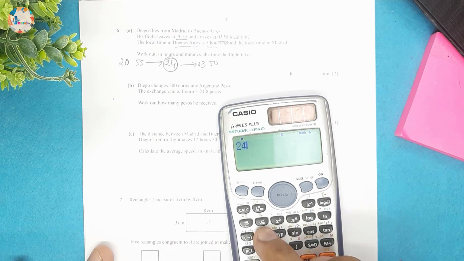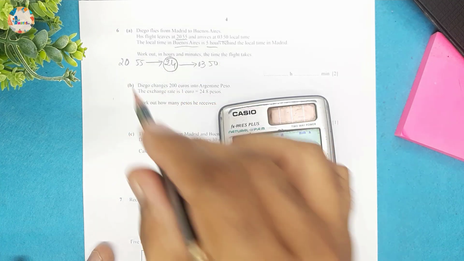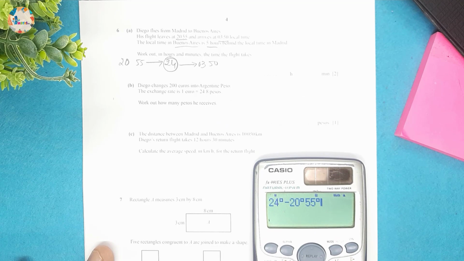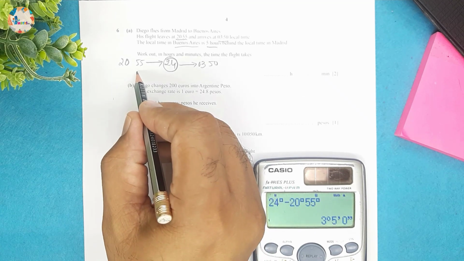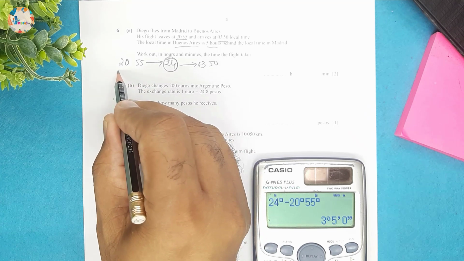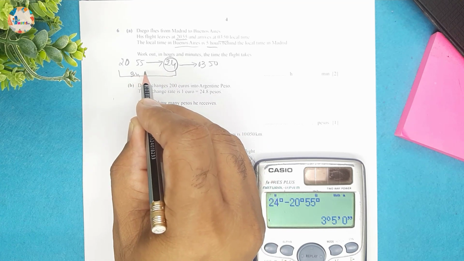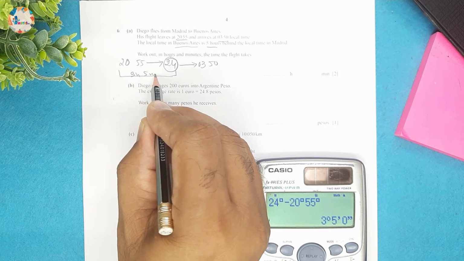This will be 24 hours minus 20 hours and 55 minutes, and this will be equal to 3 hours and 5 minutes. This duration from this one to this one is 3 hours and 5 minutes.